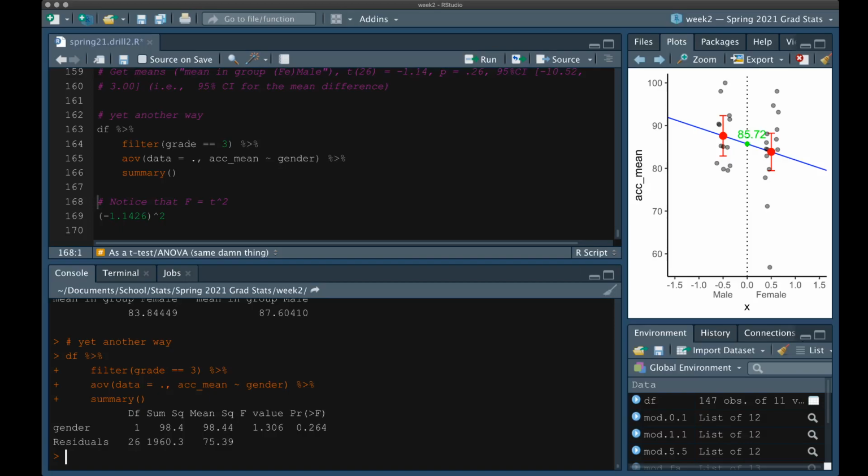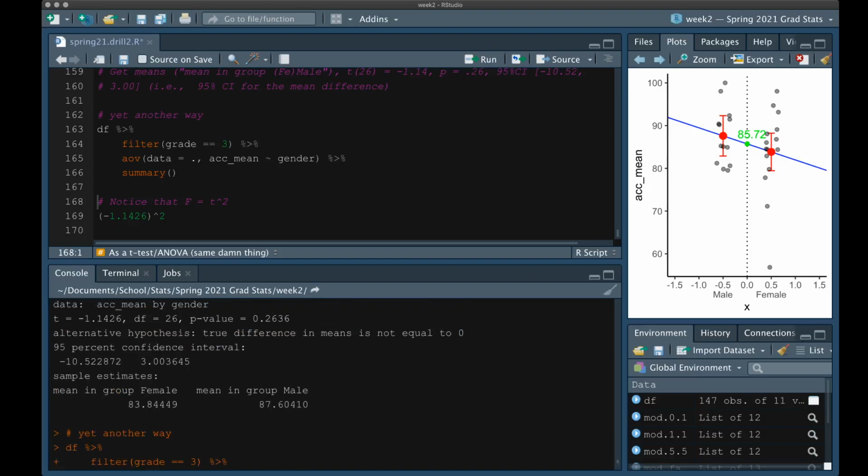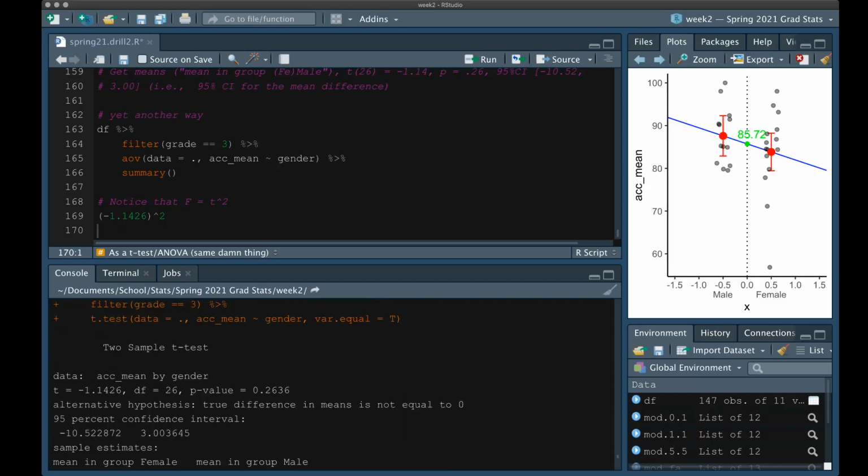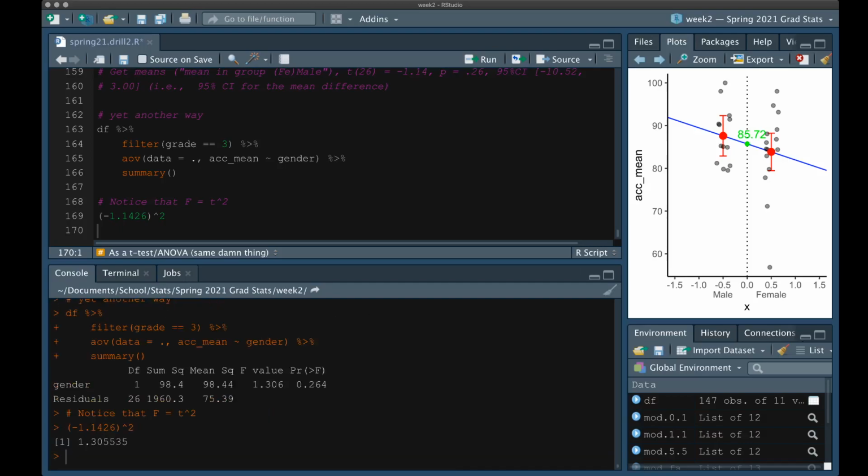I just want to point out that our t here of negative 1.426, if we square that, gives us 1.305, which is the F value, and our p here again is 0.264, and up here 0.264. So this is giving us the exact same information, just as an ANOVA table instead of as a t-test.